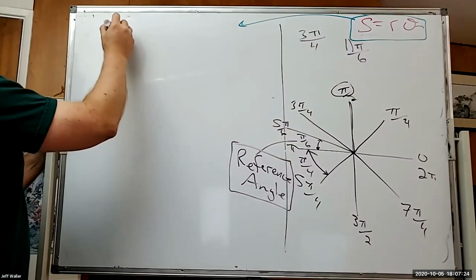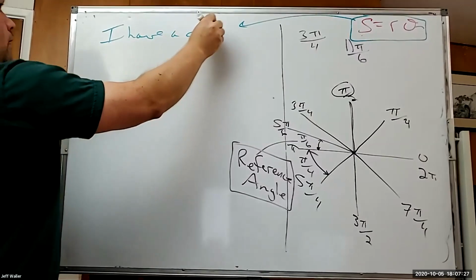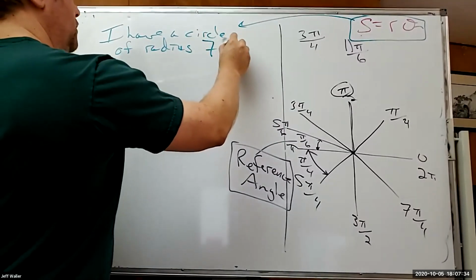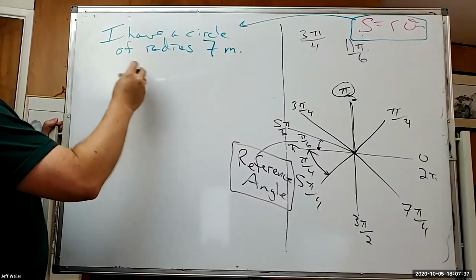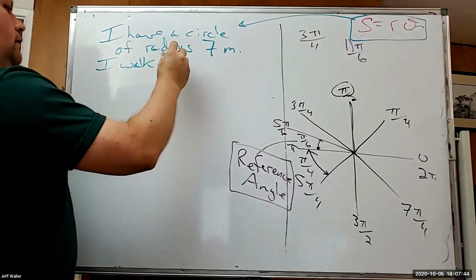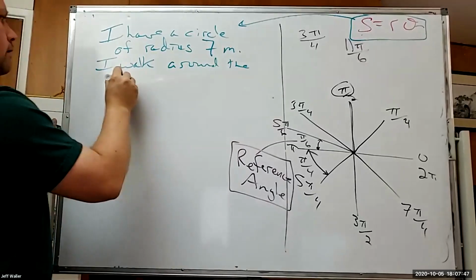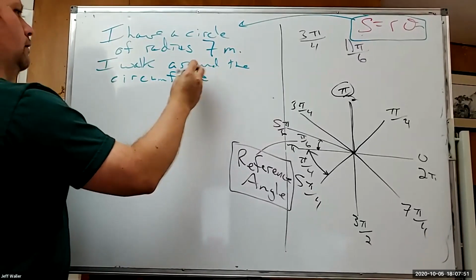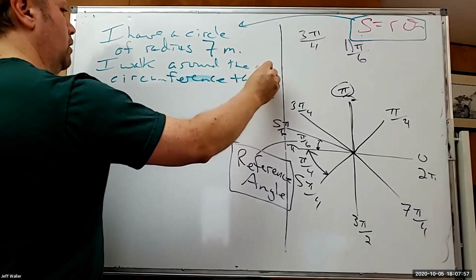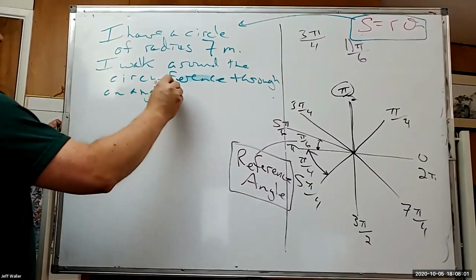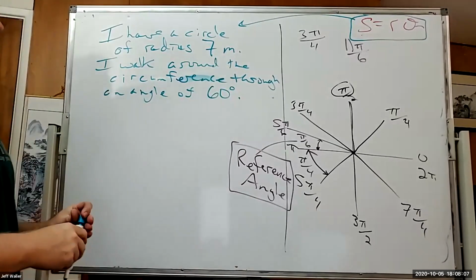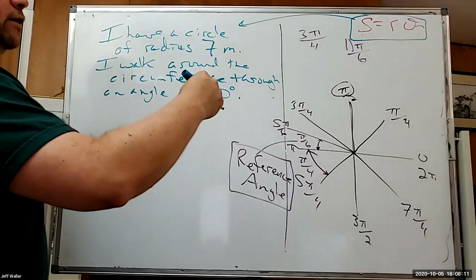What if I have a circle with a radius of 7 meters, and I walk the circumference, I walk around the circumference through an angle of 6 degrees. How far did I actually walk?